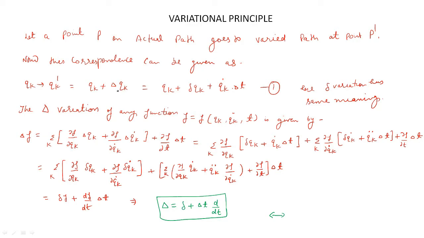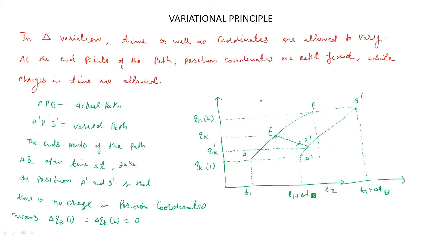That difference will be written as delta Qk, and we can write this variation as Qk plus delta Qk plus Qk dot into delta t, because if you see, when you move from P to P dash, this is your Qk, and then it becomes your Qk dash.